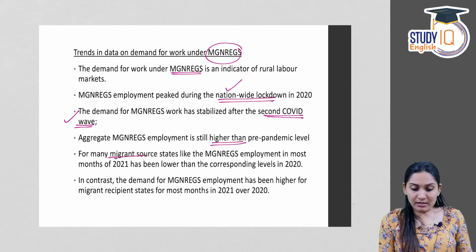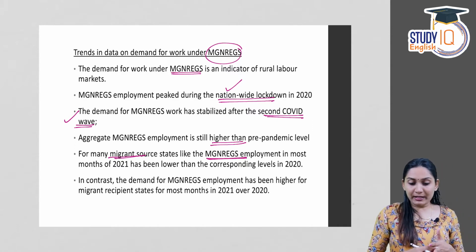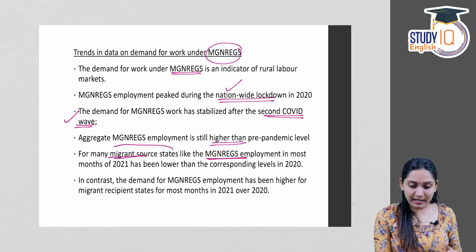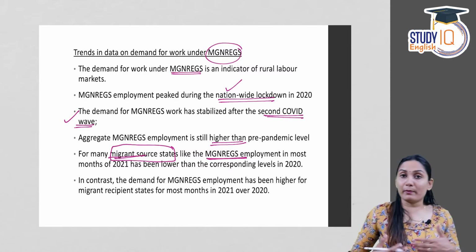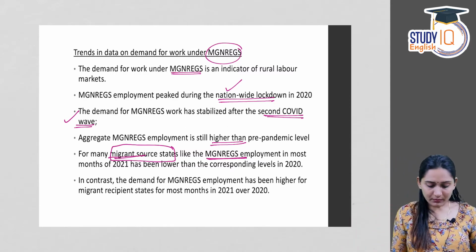For many migrant source states, the MGNREGA employment in most months of 2021 has been lower than the corresponding levels in 2020. So this is regarding the migrant source states, that is, the states from where the maximum number of migrants move out in search of work.